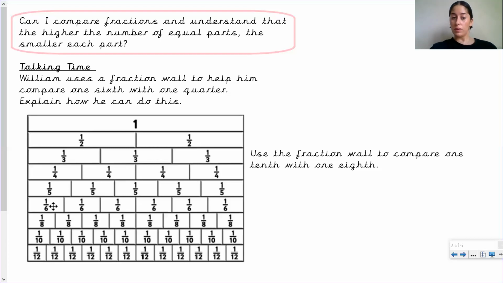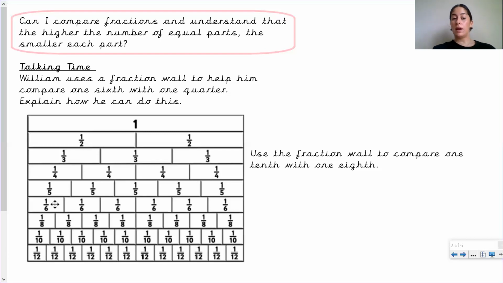I thought a bigger number would represent a bigger fraction. So why is it that when the denominator is smaller, the fraction is bigger? And if the denominator or the number of equal parts are larger, the fraction is smaller. Why do you think that is? Pause the video and have a think or talk to your partner.